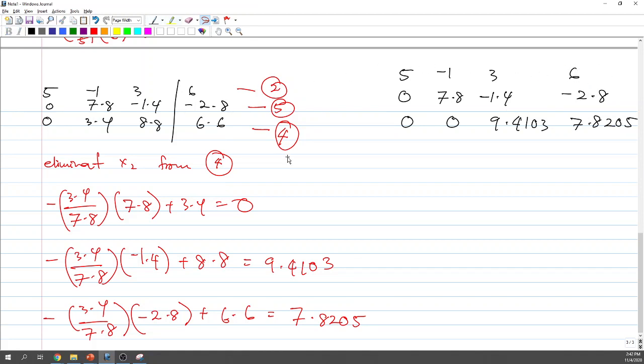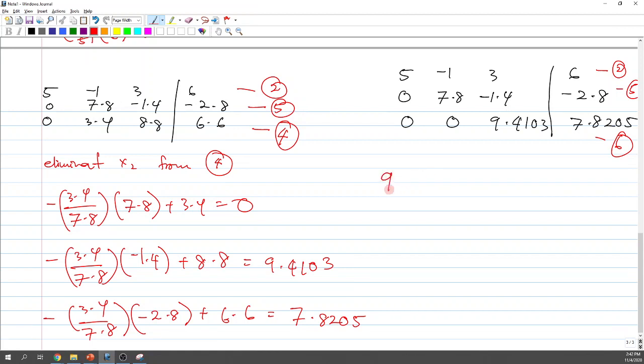Okay, so then kita boleh tulis balik lah equation dia. So ni equation 2, ni equation 5, and this is equation 6. Okay, so then we solve the unknown parameter lah.